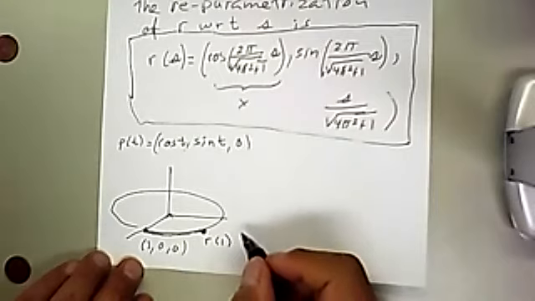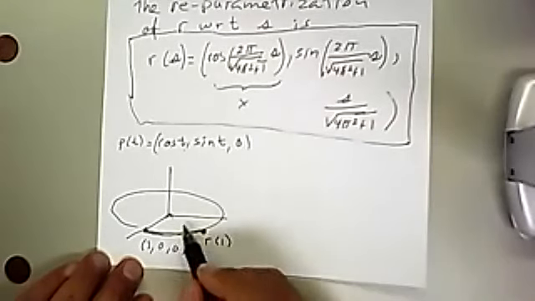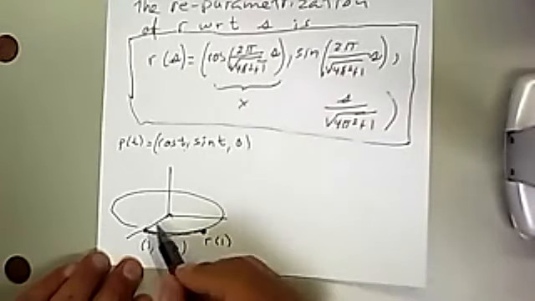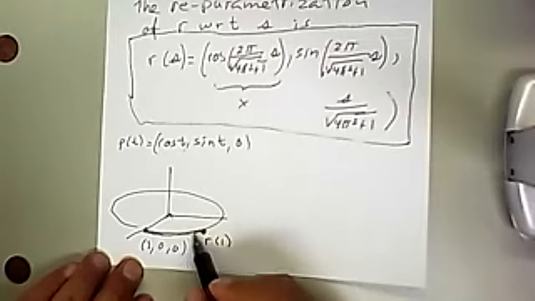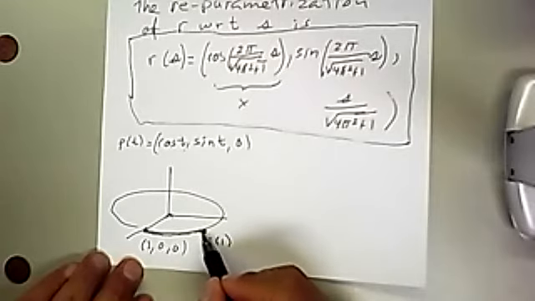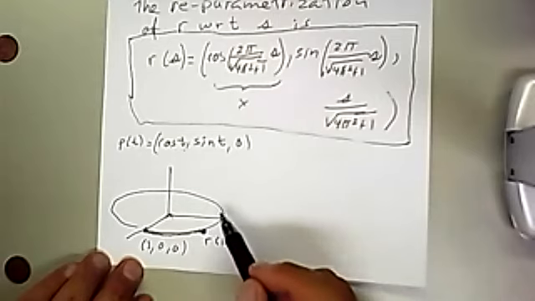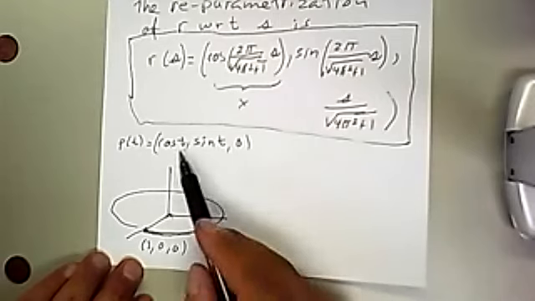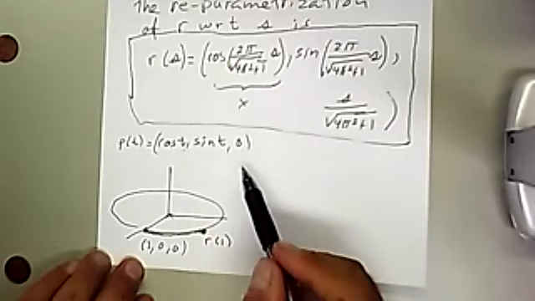And this is really the unit circle. If you look from the top, this is a unit circle. And so the coordinates of this point are going to be precisely cosine of 1, sine of 1, and 0.